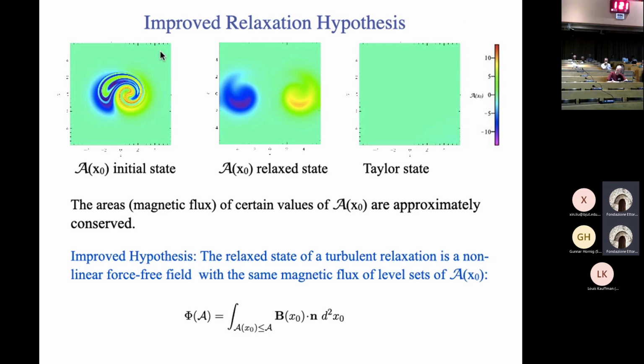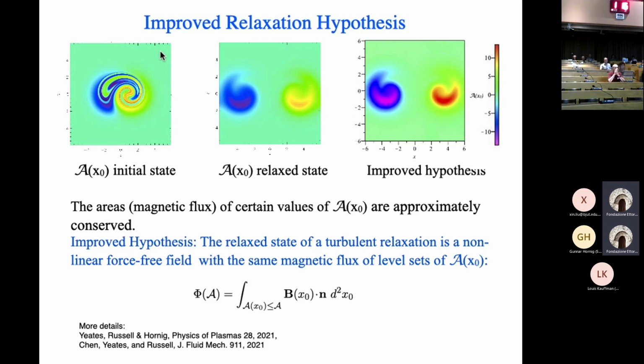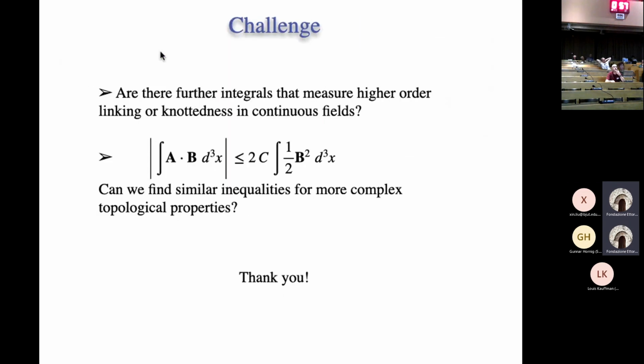And if you take this and assume that that is constant, you get an improved hypothesis which better represents the final state. I don't think that is the final answer. We still need to work on this, but that is the state of affairs at the moment. And I would like to end with that.